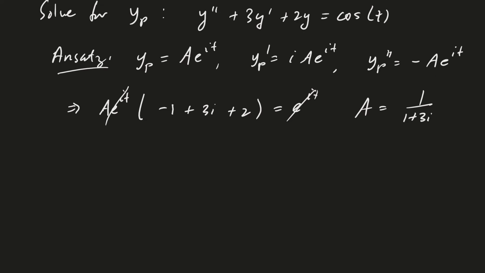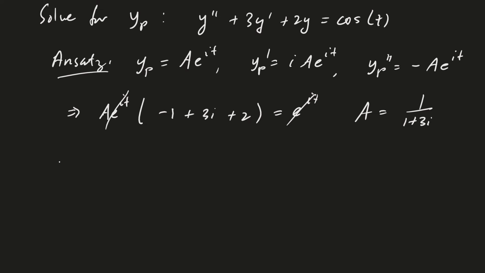And we're pretty much done at this point, because now our y sub p is going to be, well, let me rewrite that. The r in our expression will be 1 over the magnitude of 1 plus 3i, which is 1 over the square root of 10. And our delta will be the inverse tangent of 3.